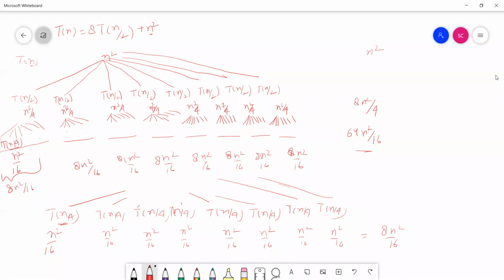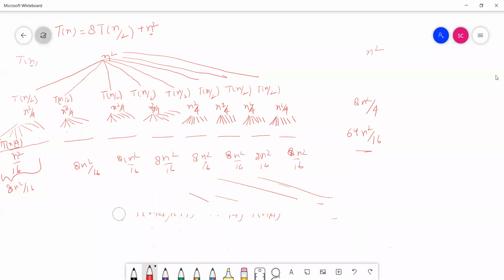Yes, sir. Okay. So now we got a pattern. We got a series. This is going to terminate for T1 when the input size becomes 1.